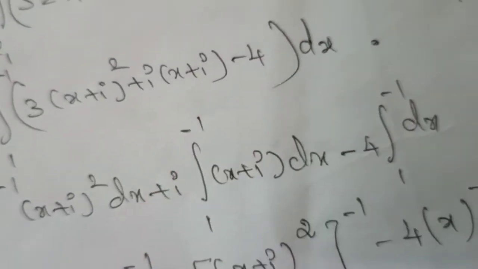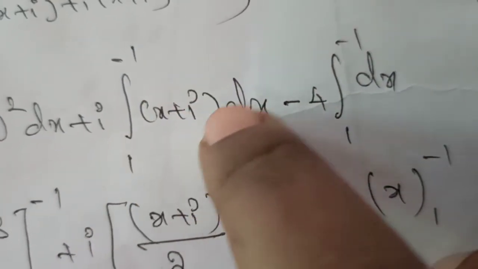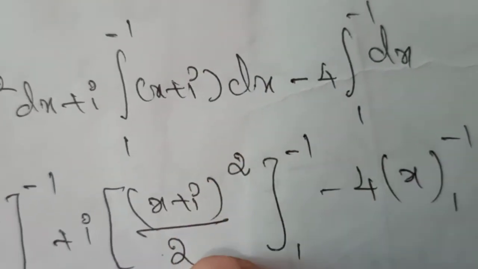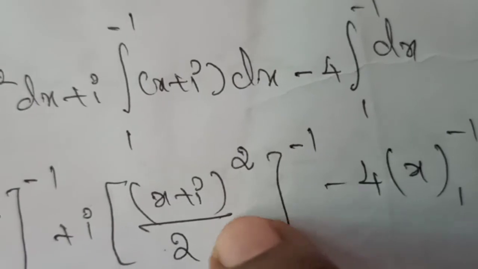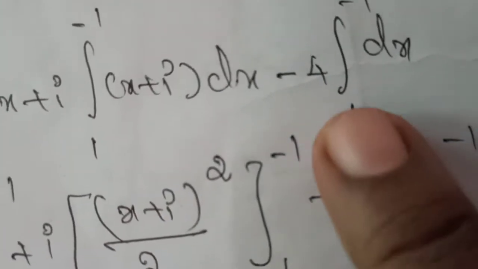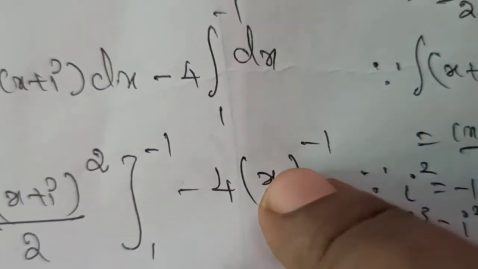Next, go to the second term: integration of i into (x plus i) into dx is (x plus i) the whole square divided by 2 into 1. Again the differentiation of this value becomes 1. Okay, the limits are 1 to minus 1. Next, minus 4 into the integration of dx, whose value is x, with limits 1 to minus 1.